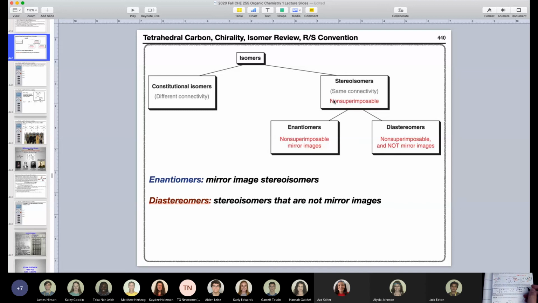Now I'm going to draw the enantiomer of this. We do the same thing. R, this becomes S. S, this becomes R. So this gets back to what Mac was saying. Are these two things really mirror images of one another?